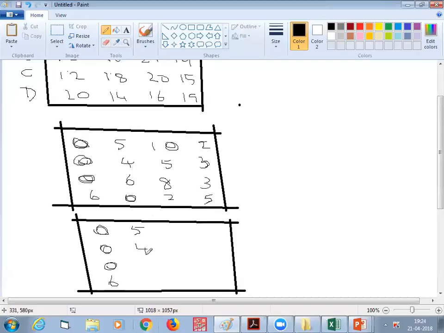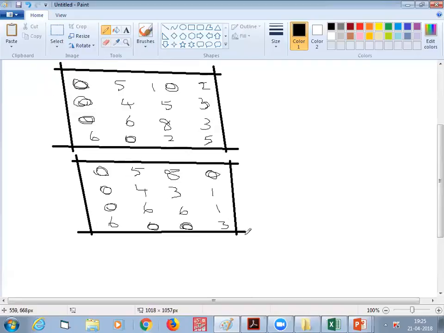This also doesn't change. What happens here? This also becomes 0 now. So this becomes 8, 3, 6, and 0. And here this becomes 0, 1, 1, and 3.